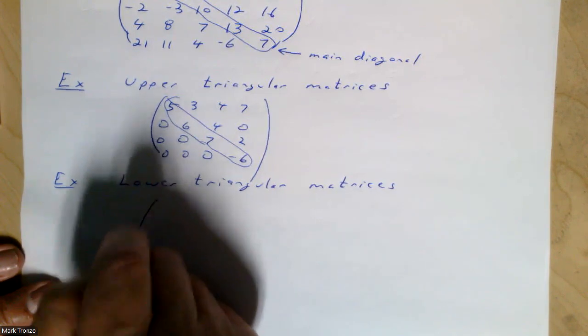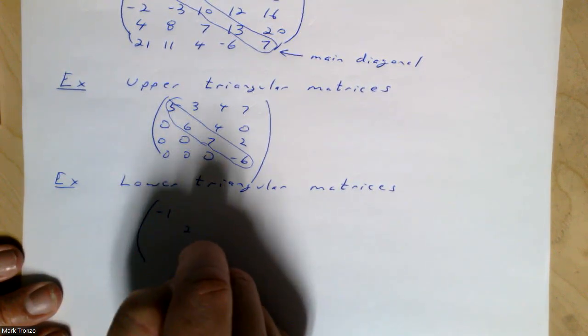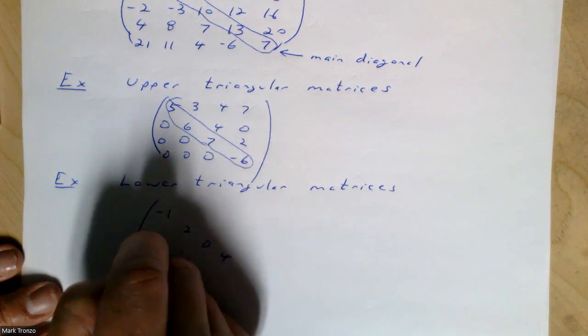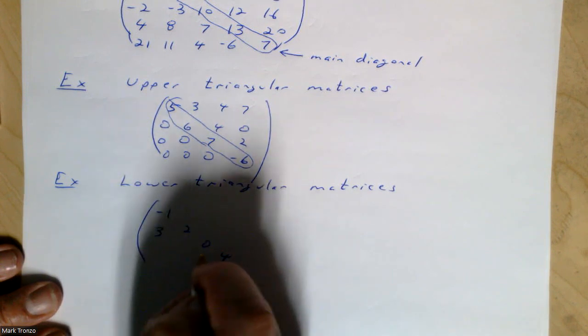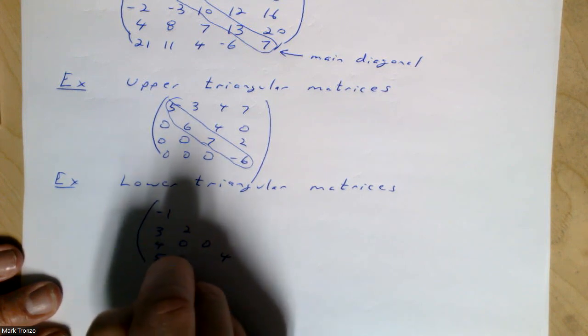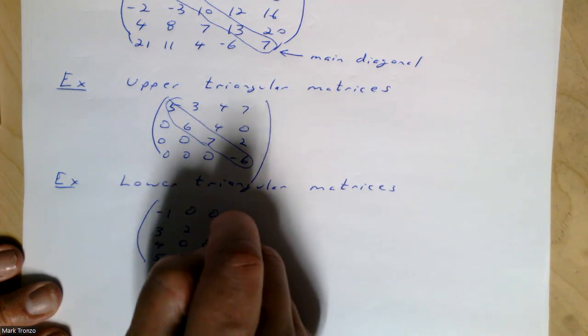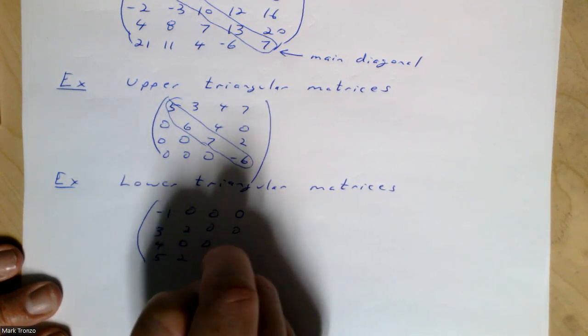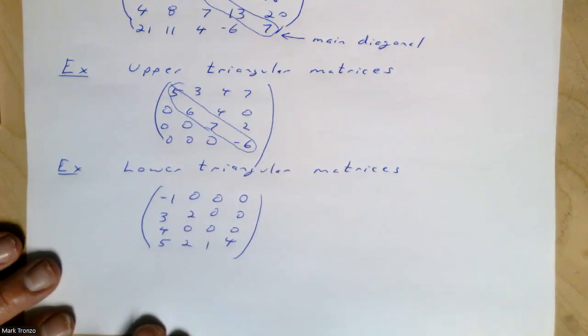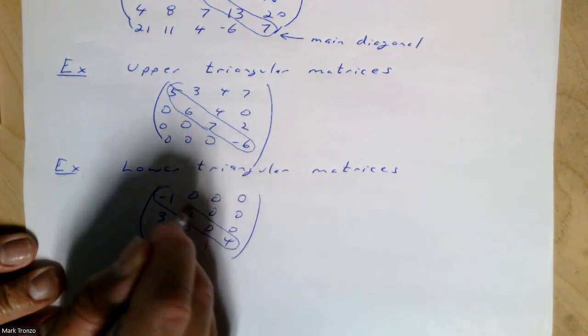And so lower triangular matrices, again, they would have zeros above the main diagonal.